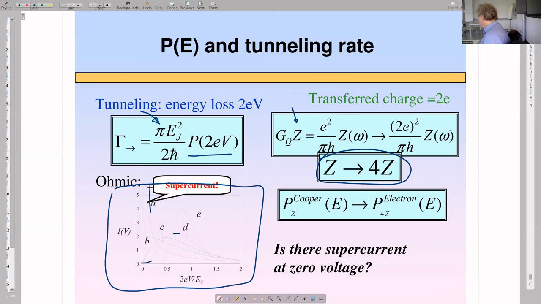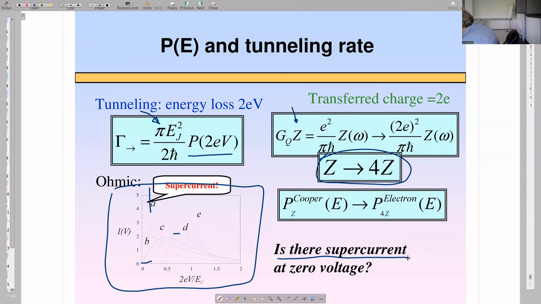That might seem strange, but we should recall that this is a Josephson junction. It might support supercurrent. At least we find it in the case of no interaction, very low impedance of the environment.